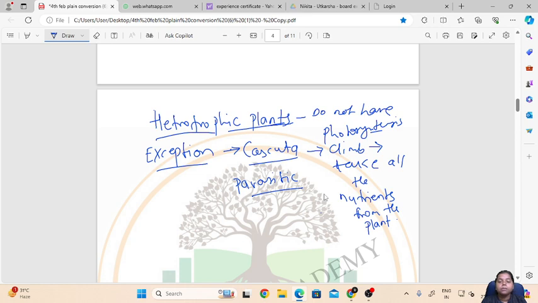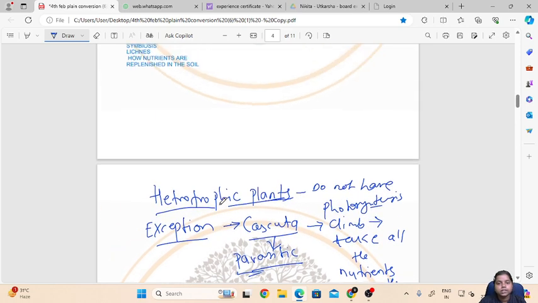So the plant on which they climb is called the host. When this cuscuta climbs on any plant, that particular plant is called the host, and cuscuta is called parasitic to this host. Okay, understood what heterotrophic plants are.